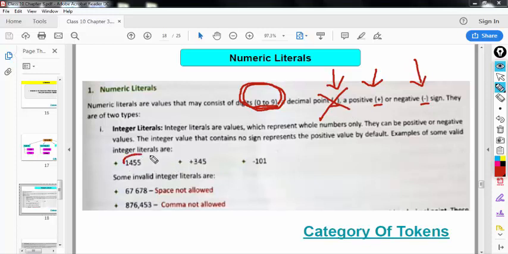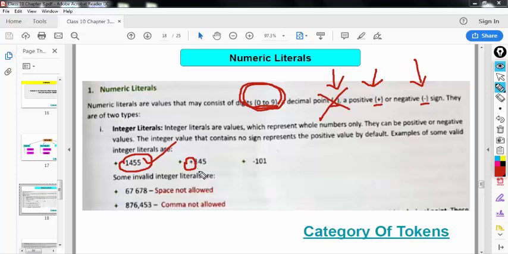So look at this example here, 1455. It contains the digits, and we don't have any symbol here. If there is no symbol present before the number, it is considered to be a positive number. Or you can explicitly mention the positive sign before the number. It will mean the same thing.